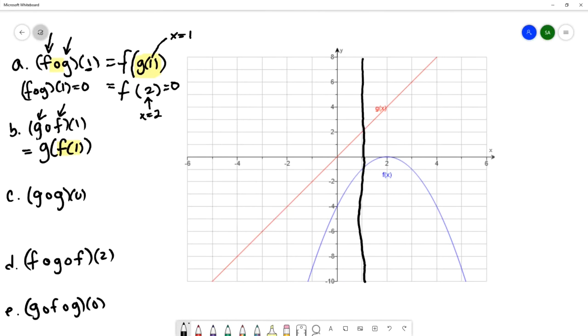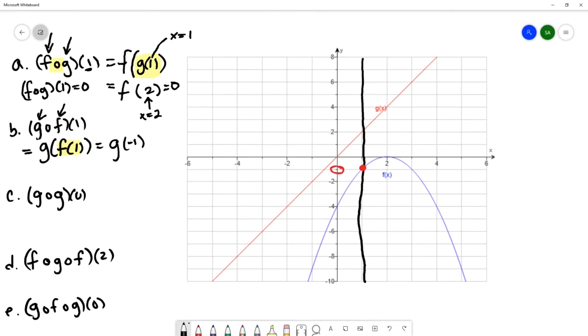I want to find f of 1. So I'm looking at the spot where the vertical line crosses the graph of f. And that has a y value of -1. So f of 1 is -1. The symbols that I have left say g of -1.